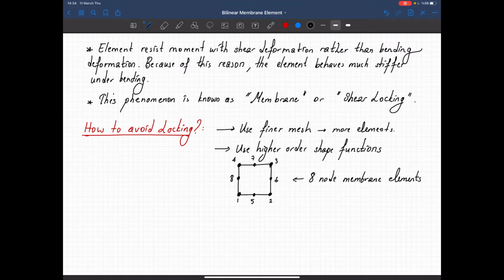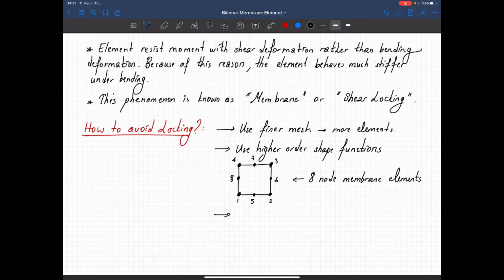What's the downside? I can use fewer elements, but for every element I have to define 8 nodes. That could be preferable, but in practical engineering, people don't prefer to use these 8 node elements. They want to use simpler elements.